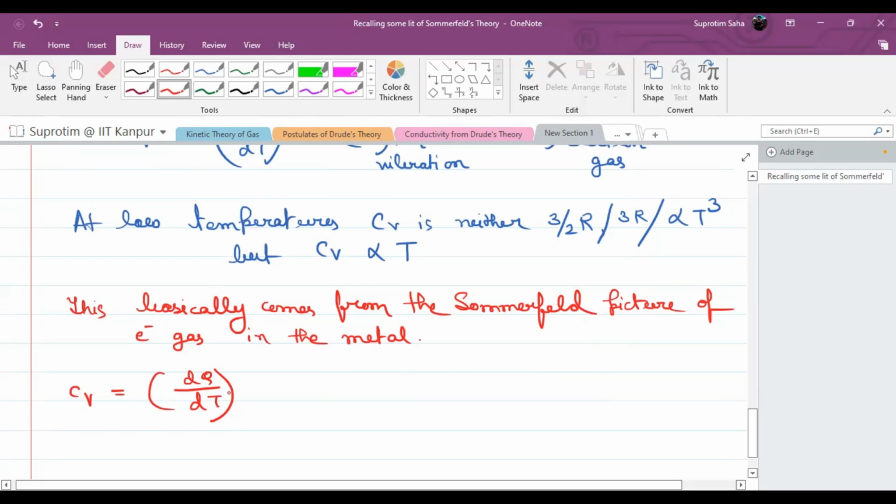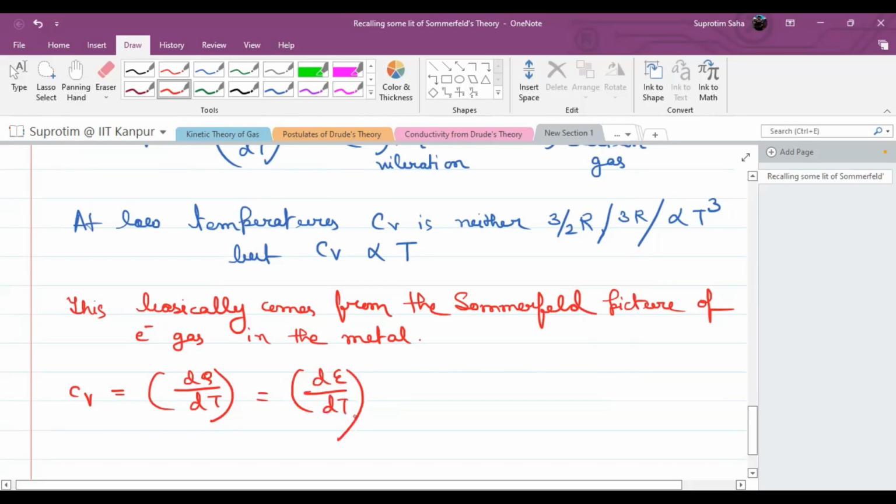So CV is basically the rate of change of the heat or the energy with temperature. So this can also be written as dE/dT.